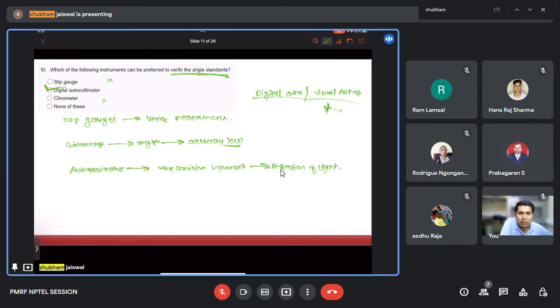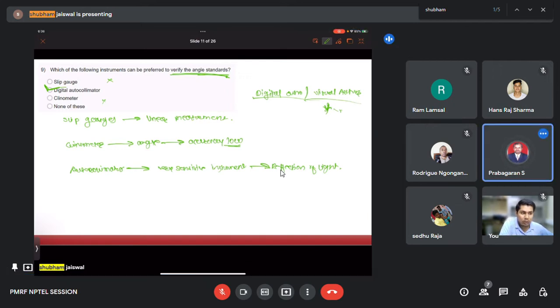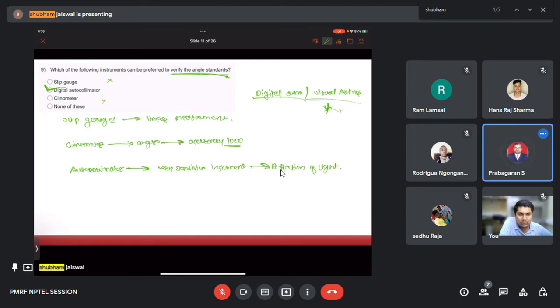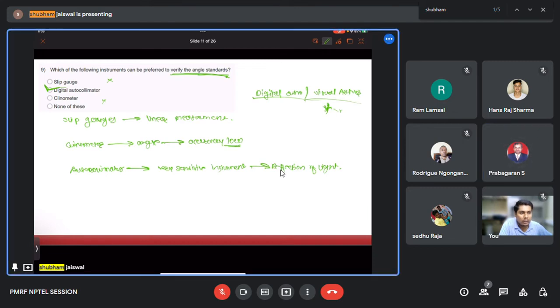Yes, sir. But we should have a standard set for comparison, to see how much error is coming between the user one and the standard one. Yes, master and master. Yes, workshop grade or tool room grade. Thank you.